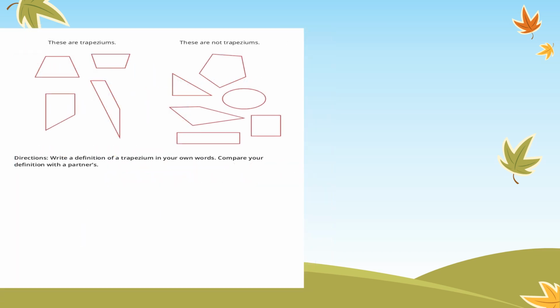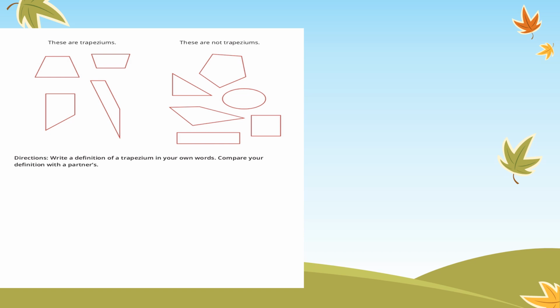We will start with a warm-up about trapezium, and we studied trapezium or trapezoid last year, and we said trapezium is a 2D shape or polygon that has 4 sides and 4 vertices, and of these 4 sides, 2 are parallel and 2 are not parallel.